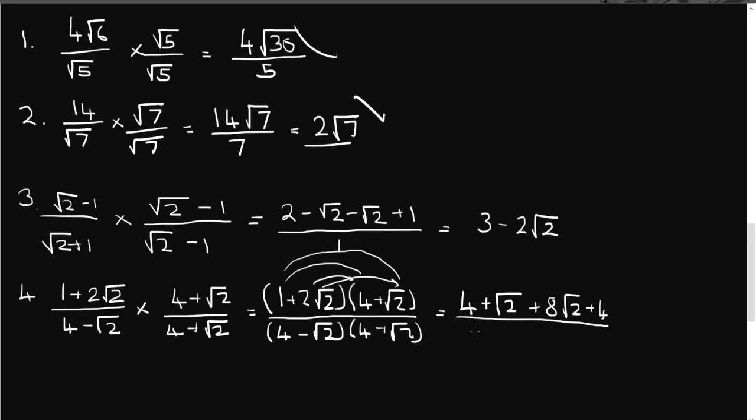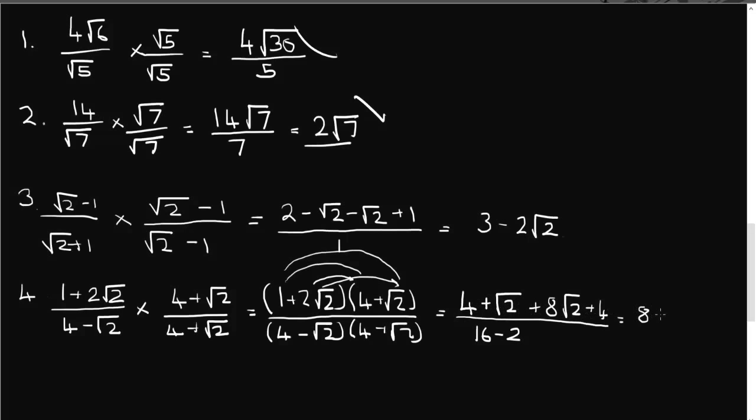The bottom, we can do a difference of 2 squares as I did just a moment ago. 4 times 4, 16. Root 2 times root 2 is 2. 16 minus 2 is 14. So collect terms, we've got 4 plus 4 is 8.